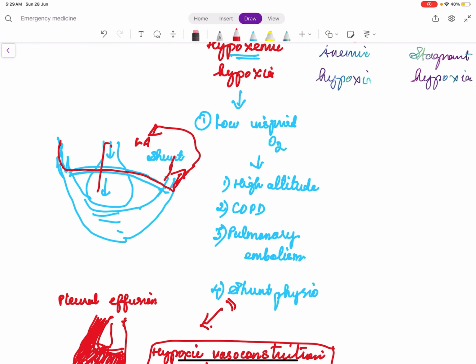Because the alveolus is not getting ventilated, which means there is no oxygen. So when the blood comes from the pulmonary artery and crosses the pulmonary capillary to the vein, it is not getting oxygenated, which is typically like a shunt.